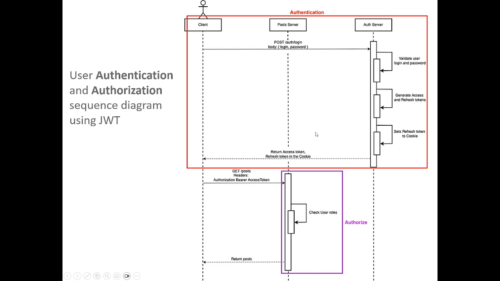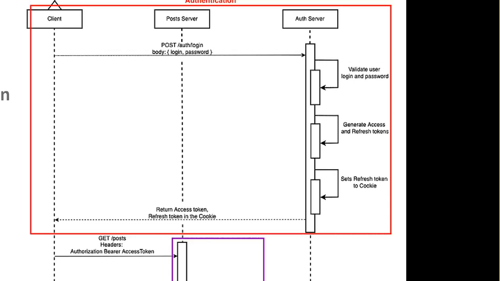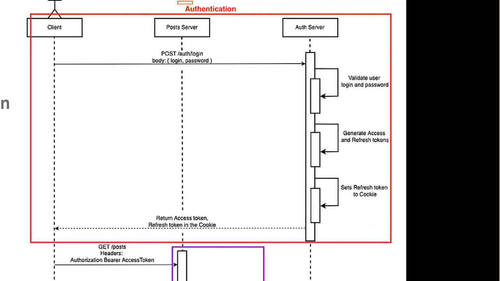This diagram is going to show us how the user authentication and authorization sequence looks. At the very top, you can see that we have the authentication process. During that process, what happens? The client is trying to get access to a specific route, like /login, and provides us the username and password.